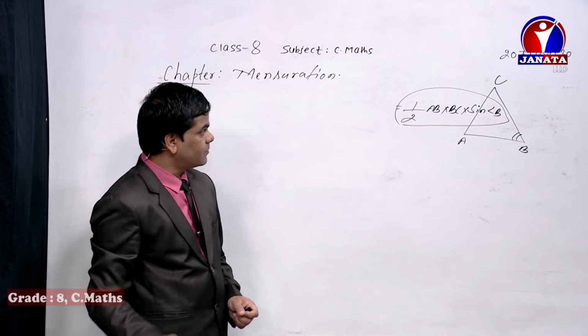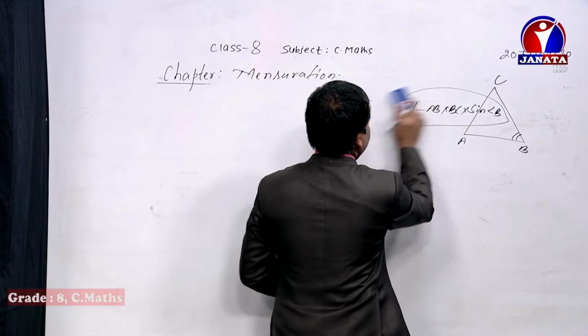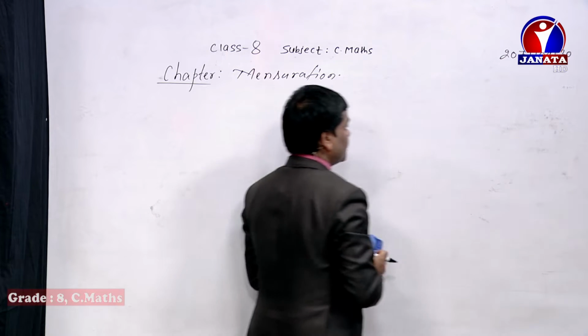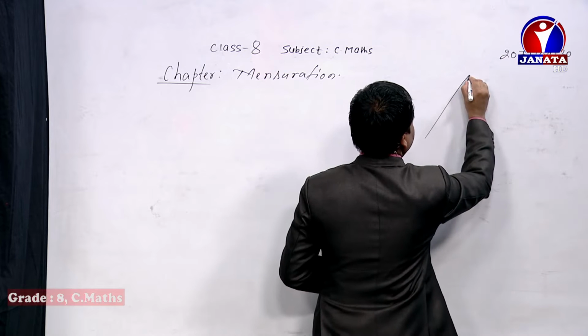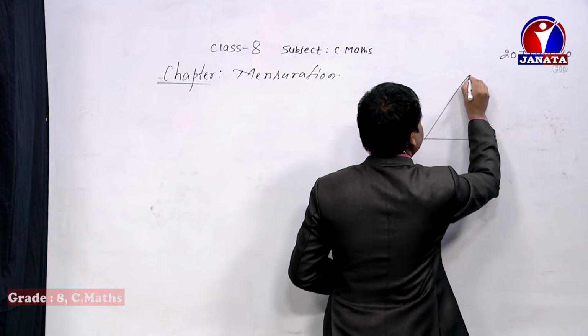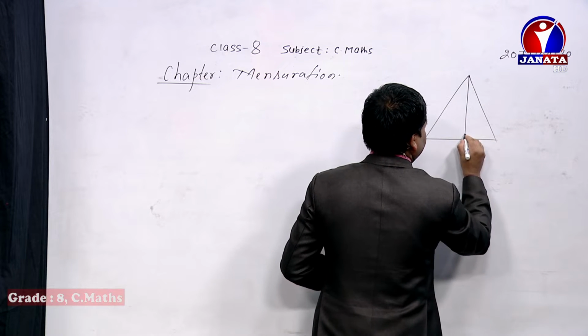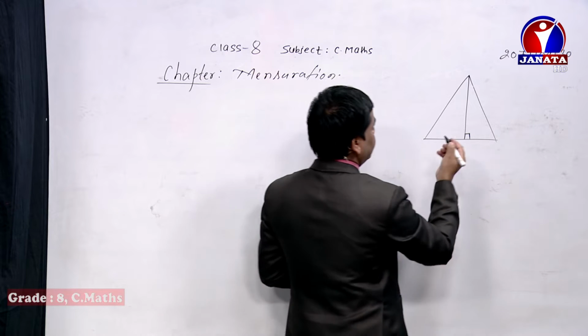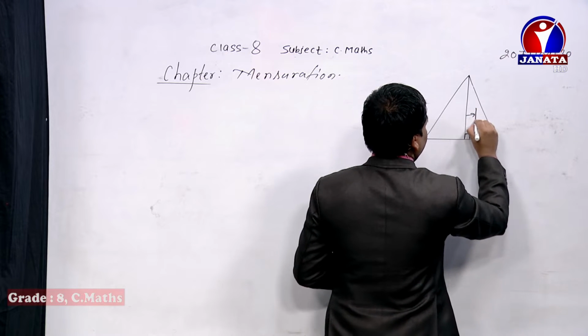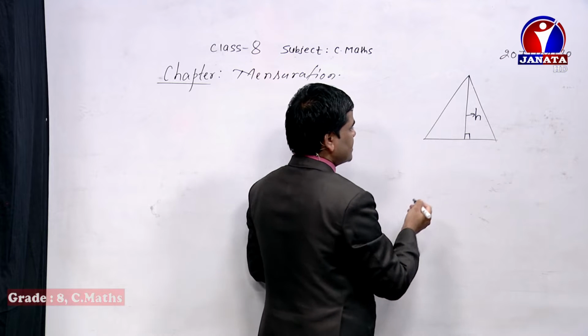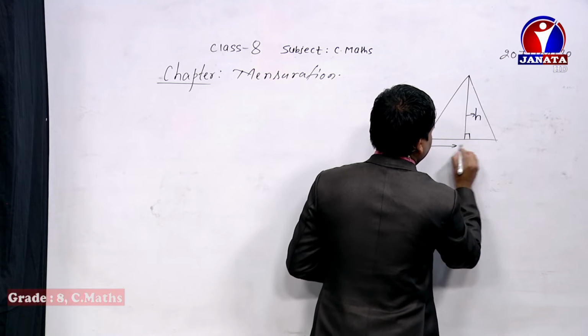So today we are going to discuss, dear viewers, the use of this formula. By the help of this formula, how many formulas can be derived? For example, this is a general triangle, and this is the perpendicular or the height drawn from the vertex of the triangle to the base, and this one is the base.